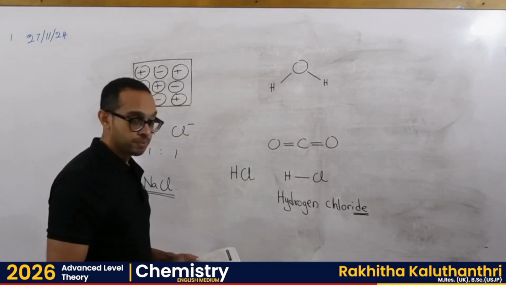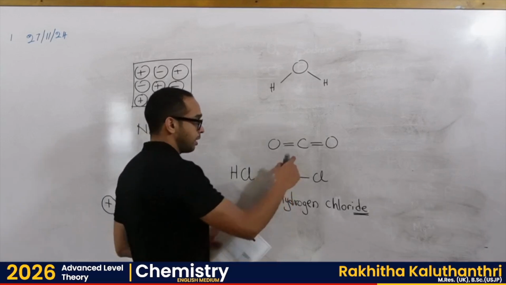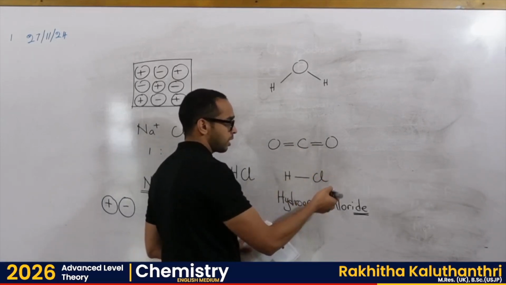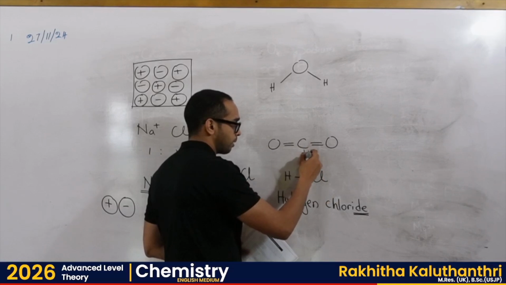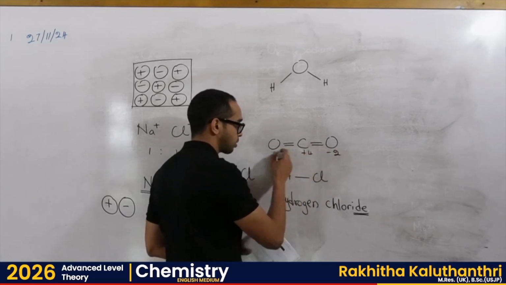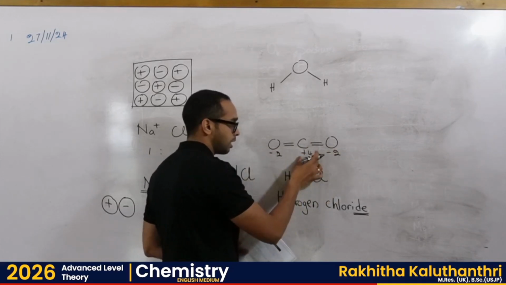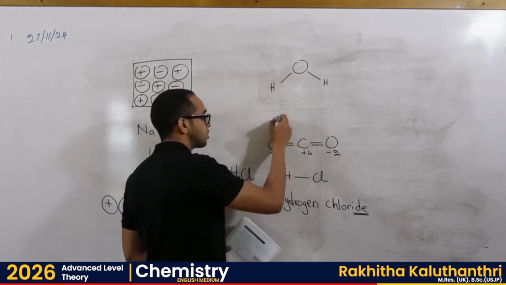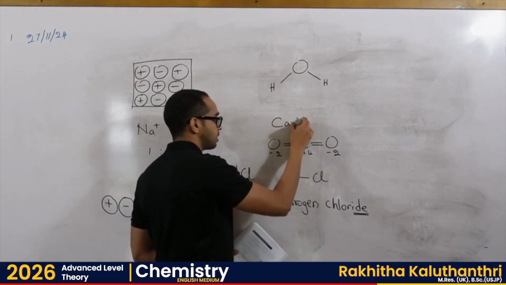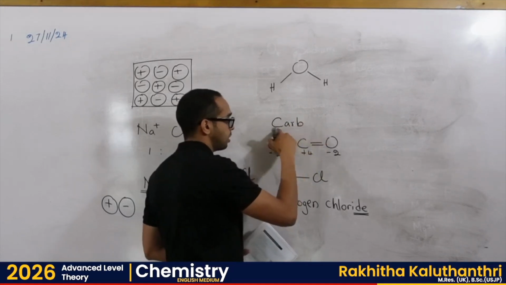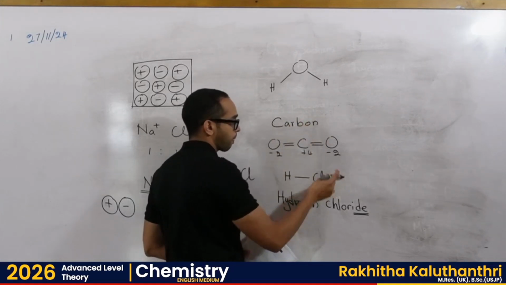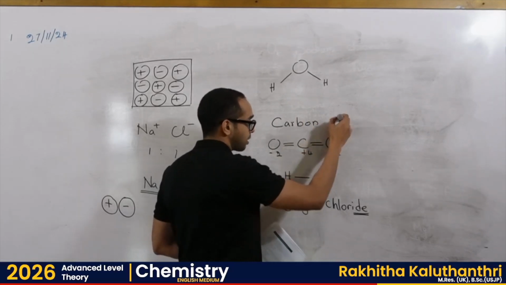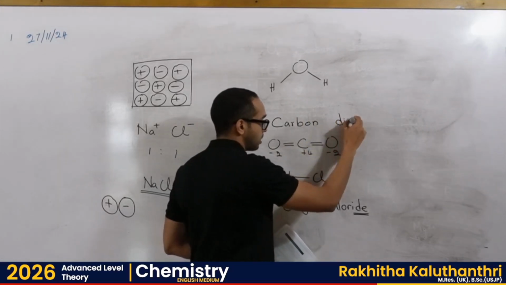ionic compound naming, right? For example, here also, if you take a look at the name of the compound, carbon is +4 in oxidation state, and these are -2 in oxidation state. So usually we name the positive oxidation state element first, so we just write its name without any changes, carbon, then leave a space, and we write dioxide. I'll let you know why we write dioxide.